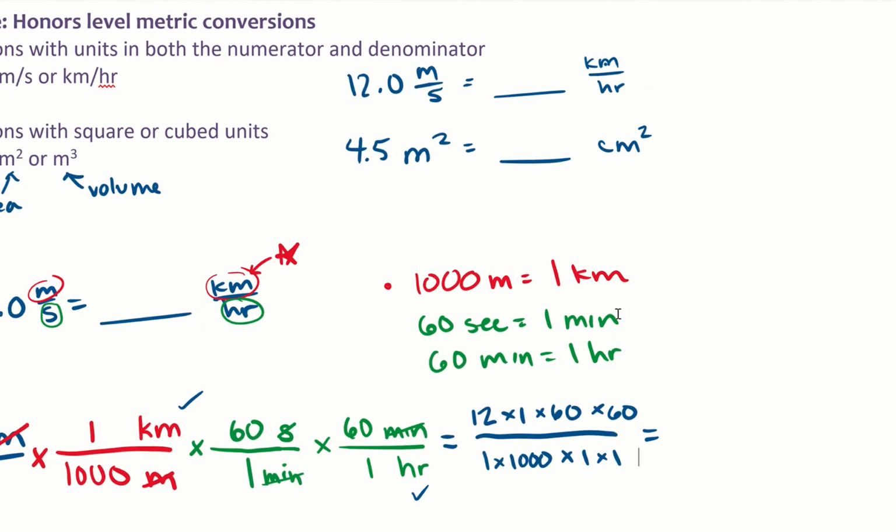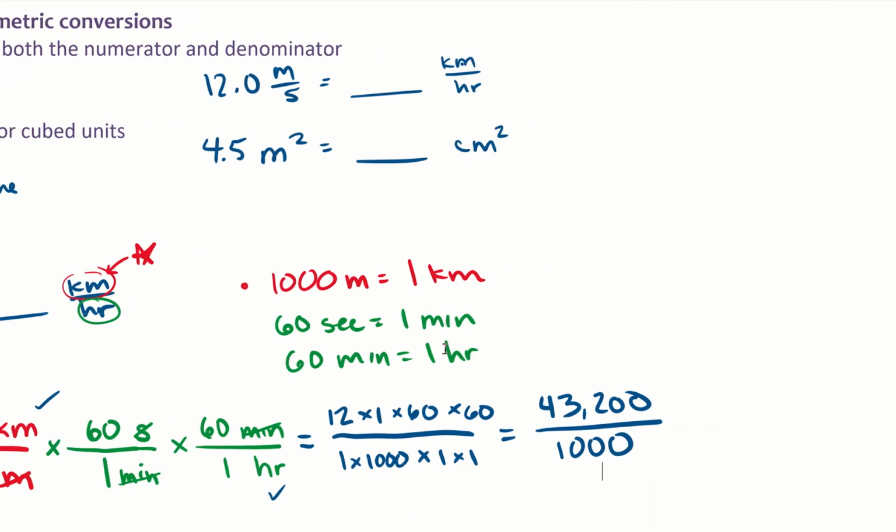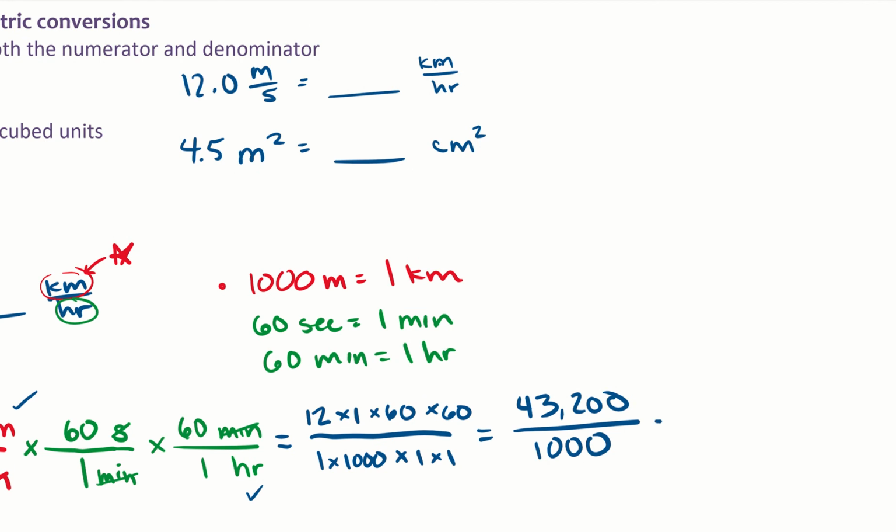Okay, and when I do that on my calculator, I multiply my numerator and I get 12 times 60 is equal to 43,200. And then in my denominator, all I have is 1,000 times 1. So I divide the two, and I get 43.2.